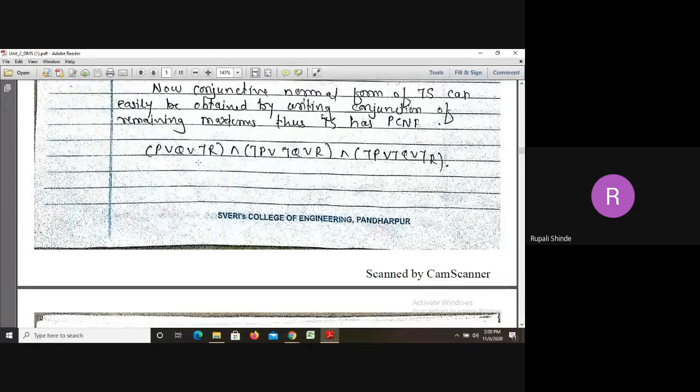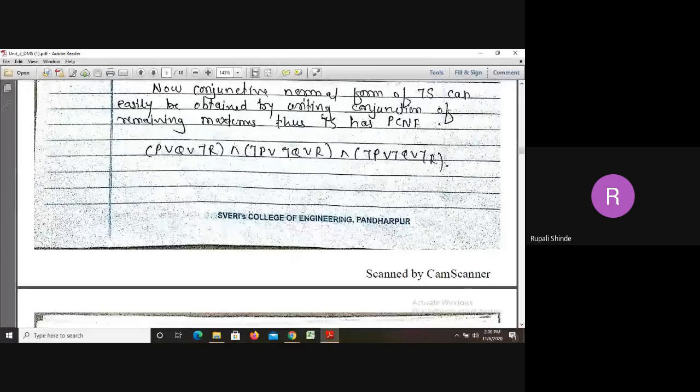What is the negation for P or Q or negation R? ह्याचं negation कसं येणार आहे? Negation P and negation Q and R. Okay, good. So this is the first term after applying negation.